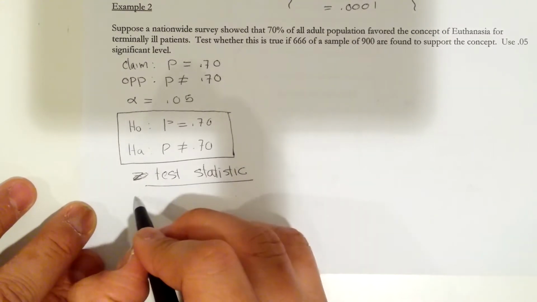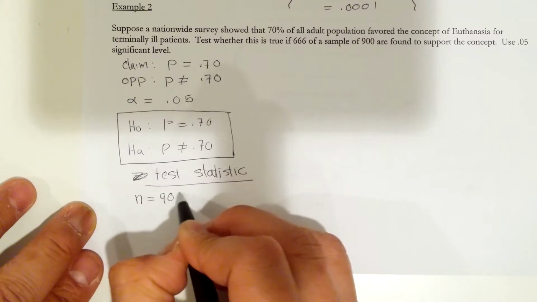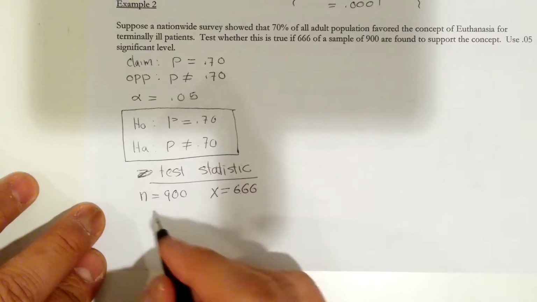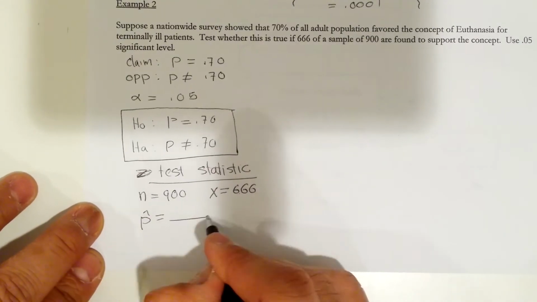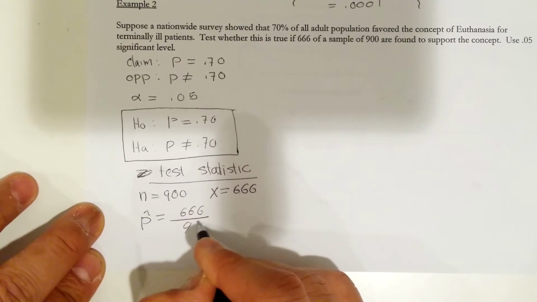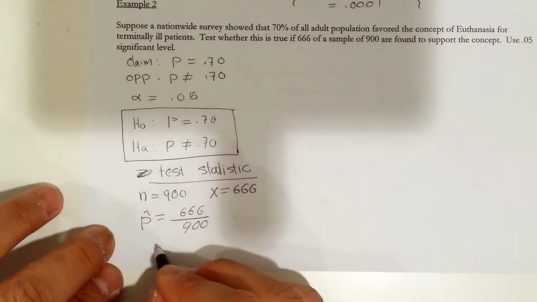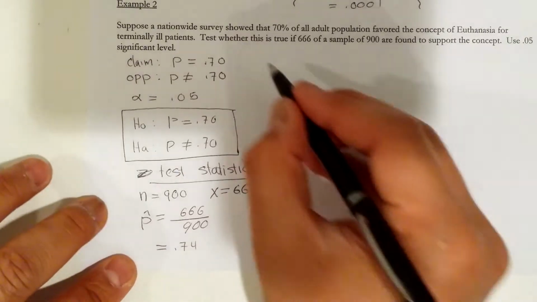Alright. Identify your sample size, which is 900, the number of patients who favor that concept. That allows you to find your p-hat. If you take 666 divided by 900, then you will get 0.74.